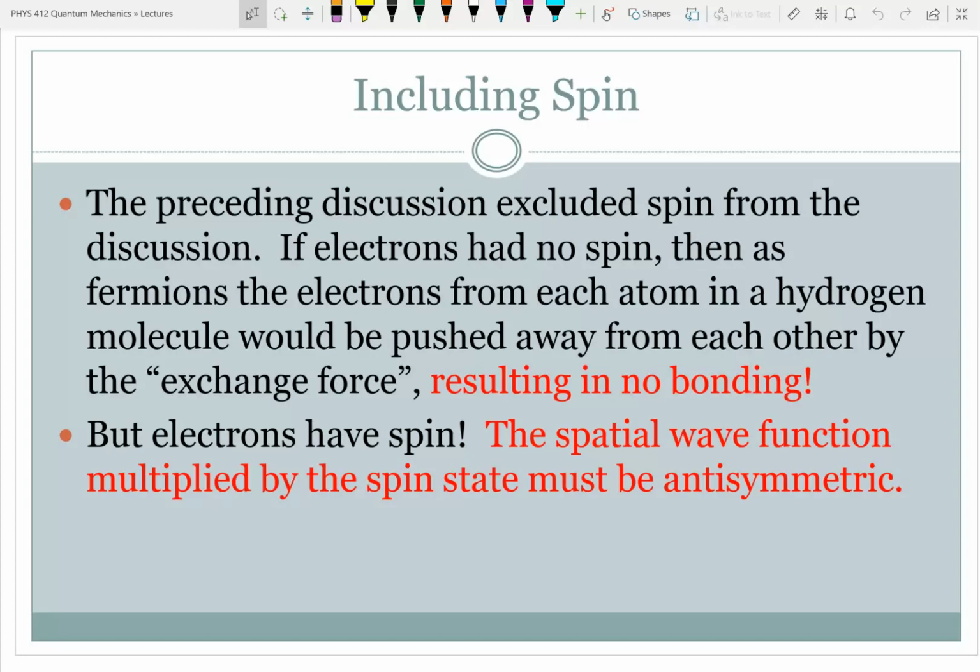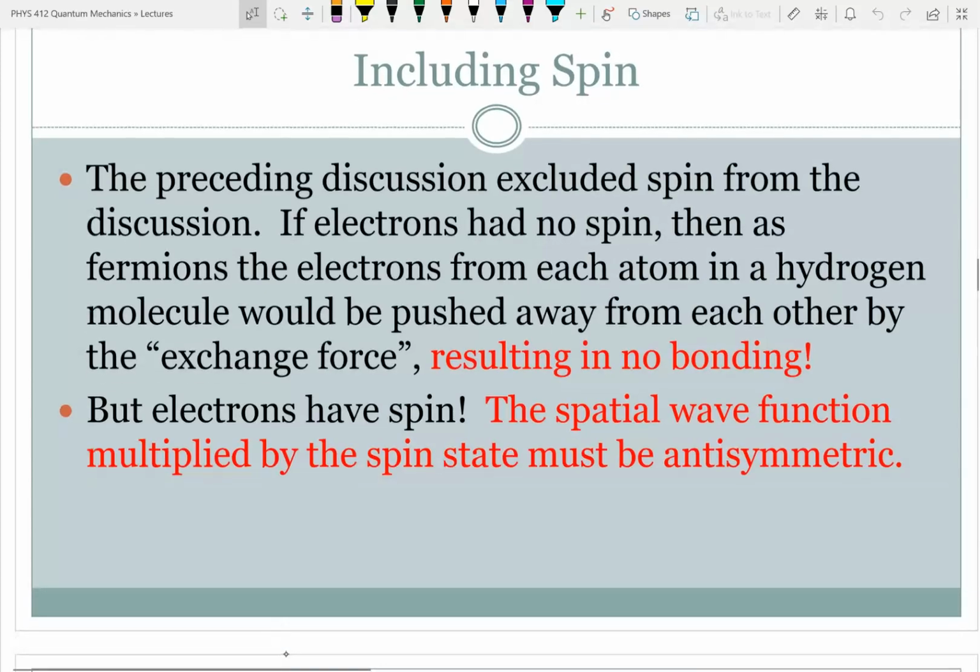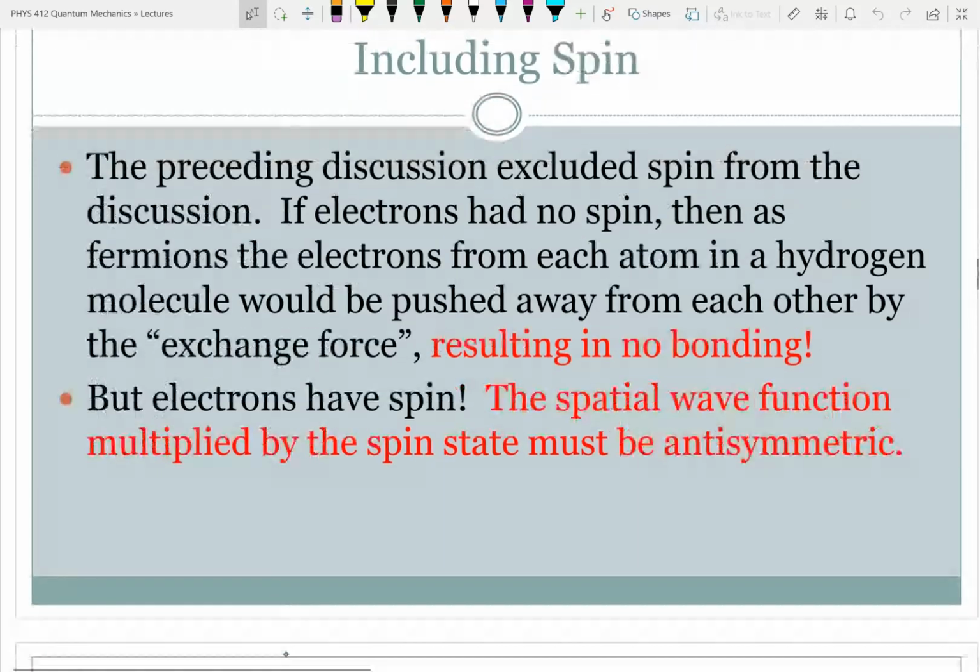If we have a total symmetric wave function, symmetric under exchange, then we don't have the Pauli exclusion principle. So we have to include both the spatial wave function and the spin wave function to get our complete wave function. And so that's going to make a difference.